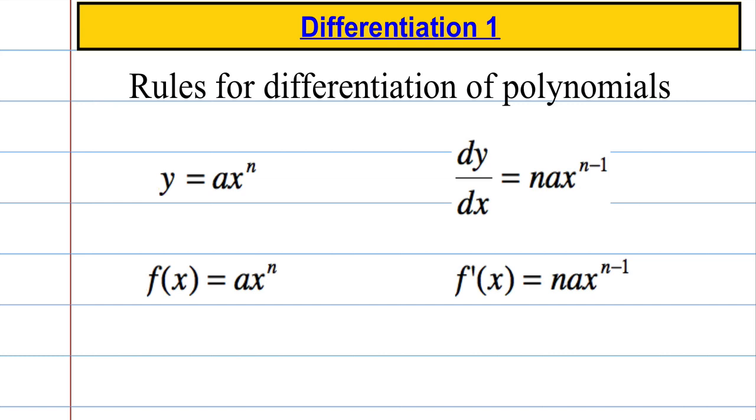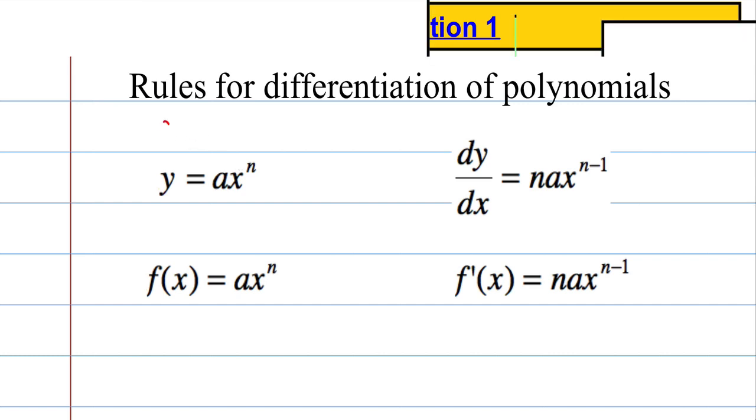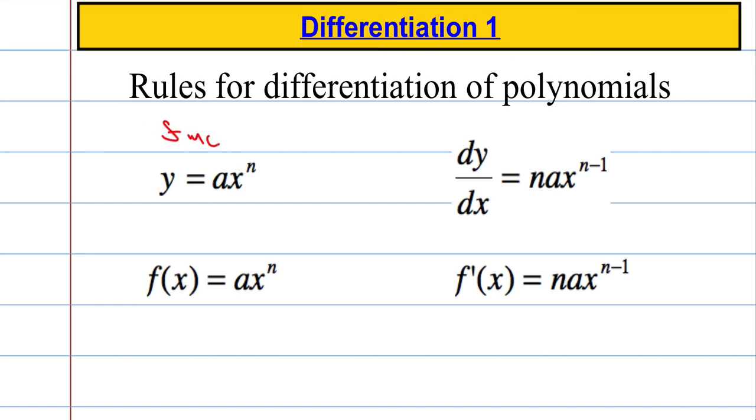So, if we have a polynomial, y equals a times x, and that's the function, and we take the derivative, the derivative of y is dy by dx, and essentially what's happening is we're taking the power down in front, we're multiplying by the coefficient of x, and we're reducing the power by 1.